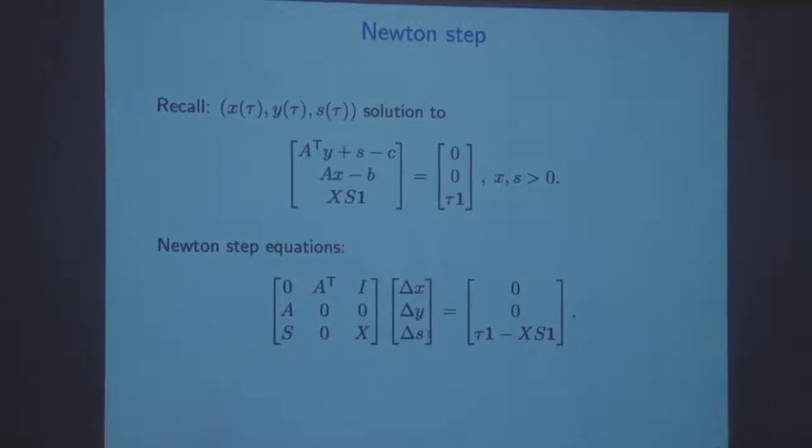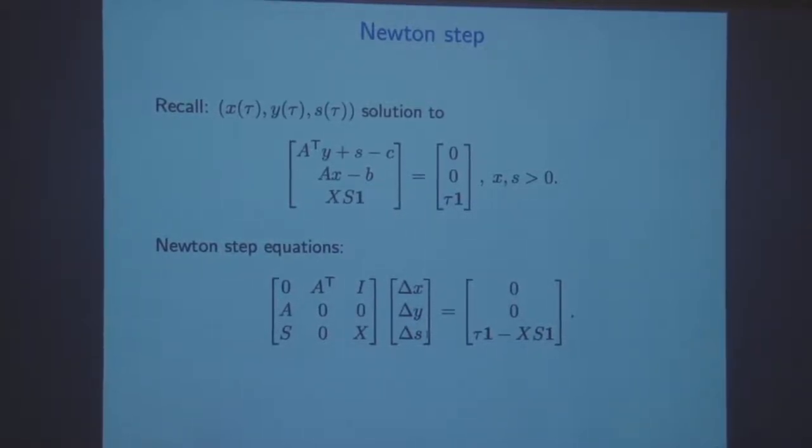If we forget about the inequalities and only think about the equations that we need to satisfy, we can think about solving those equations with Newton's method. To apply Newton's method, you approximate the system of equations with a linear approximation.